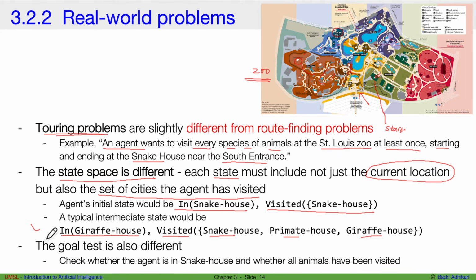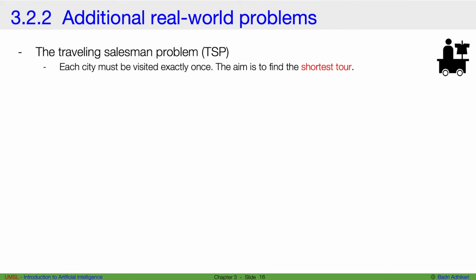One single state will need to contain the information about where the agent is, also what places the agent has visited. The goal test is also different. The goal test is not to check whether we are finally at the snake house. Instead, the goal test is to check whether we are at the snake house and whether all animals have been visited or not.